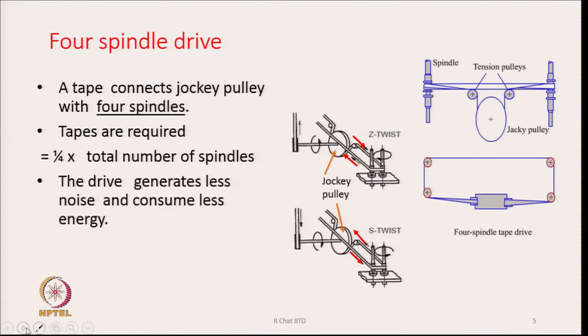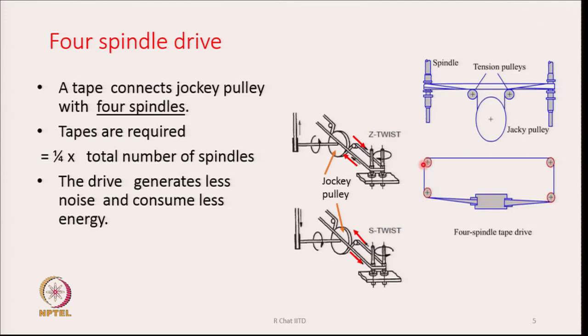The 4 spindle drive generates less noise, and it also consumes less energy. This is the advantage that we have. You see that these are the 4 different spindles, and here is the tape which is running like this, as shown here. So, one tape as it runs, it drives the 4 spindles.